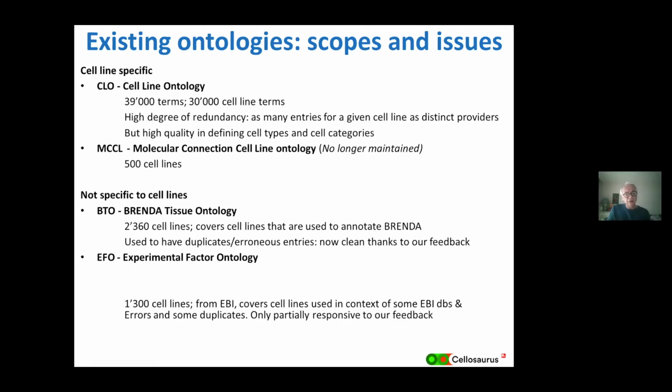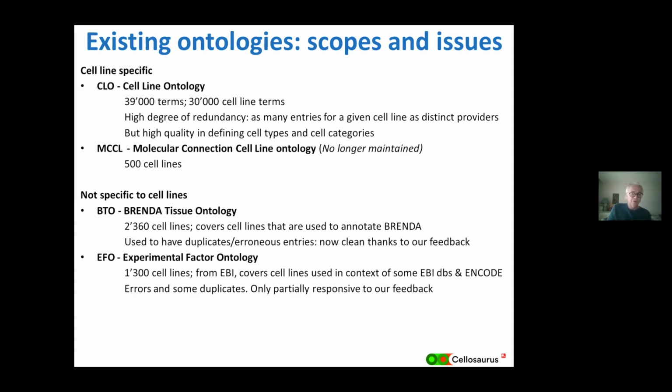Then at EBI, you have EFO, the Experimental Factor Ontology, which is used to cover the cell lines used in the context of some EBI databases or ENCODE. So it's not covering a lot of cell lines, 1,300, and it's quite error prone. There are a lot of duplicates and so on. The idea of EFO is really to help annotate some of the data resources at EBI.